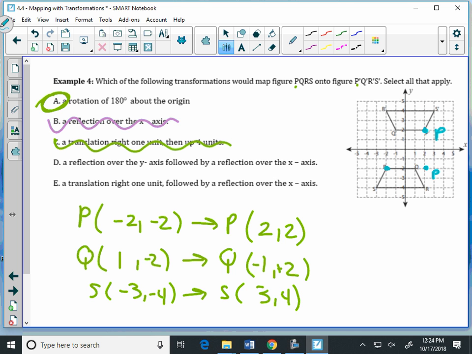Try the other one. Okay. I'm going to try Q. 1, 1. There's Q. And then 1, 2, 1, 2. That one worked. And try one more just to be sure. I'll try S again. S is 1, 2, 3. 1, 2, 3. 1, 2, 3, 4. 1, 2, 3, 4. S worked. That means R has to work. So that is the correct one.